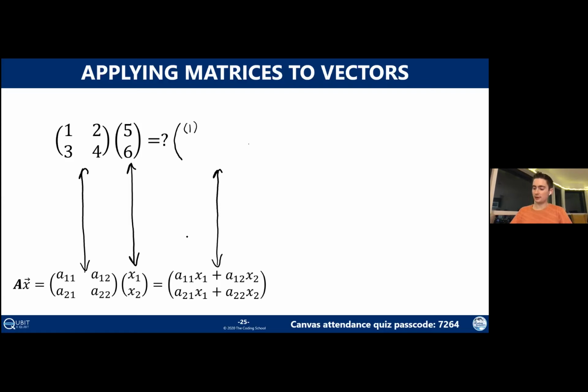X1 is the first element of our vector, 5, plus A12, that is the top right element, which is 2. And then we have the second element of our vector, 6. Second row, we are now using A21, which is the bottom left of our matrix, 3. First element of our vector is 5, plus bottom right of the matrix is 4. Second element of the vector is 6.